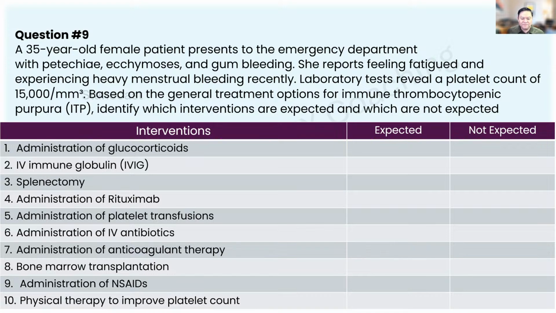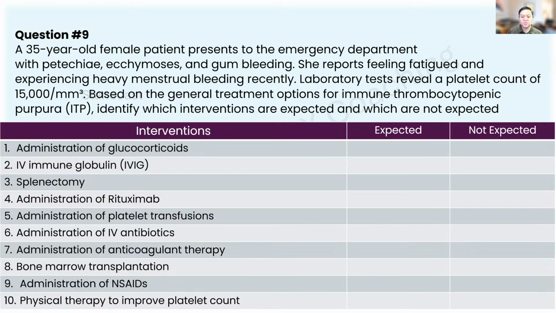A 35-year-old female patient presents to the ED with petechiae, ecchymosis, and gum bleeding. She reports feeling fatigued and experiencing heavy menstrual bleeding recently. Laboratory tests reveal a platelet count of 15,000 per cubic millimeter.